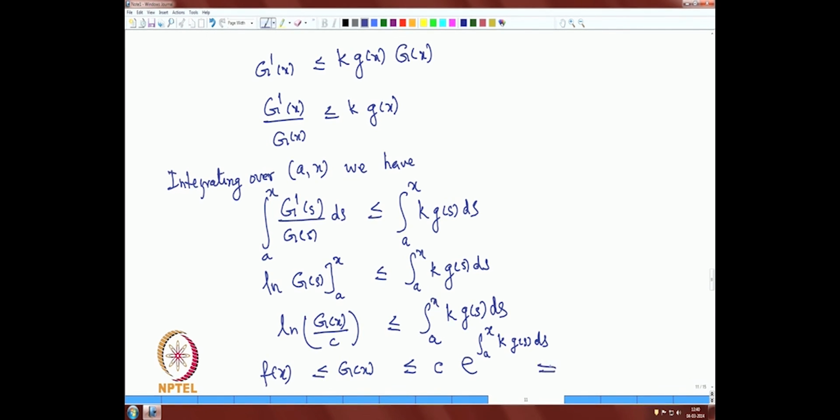So, this implies f(x) is less than or equal to c times exponential integral a to x of k g(s) ds. So, this proves Gronwall's inequality.